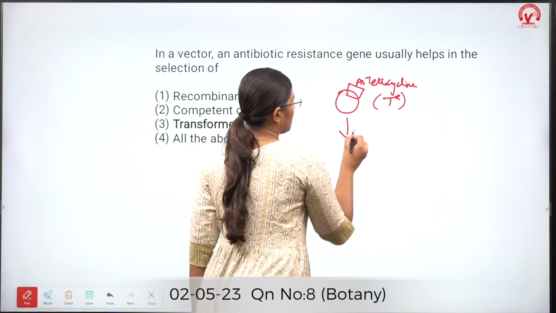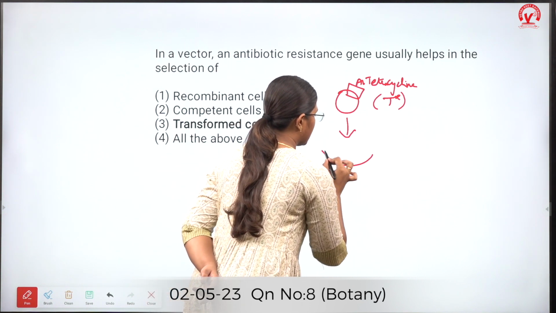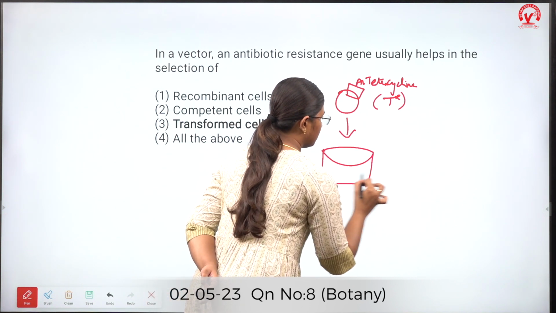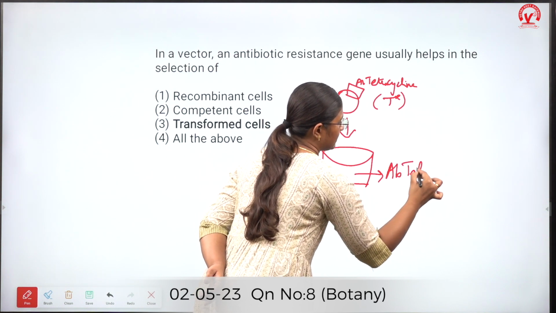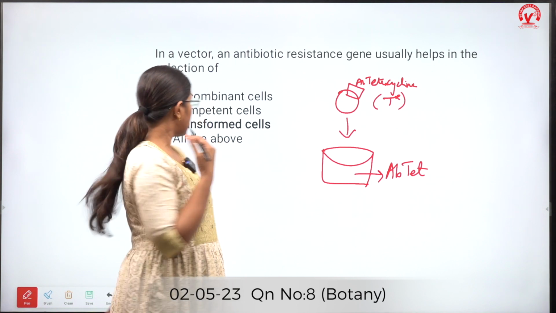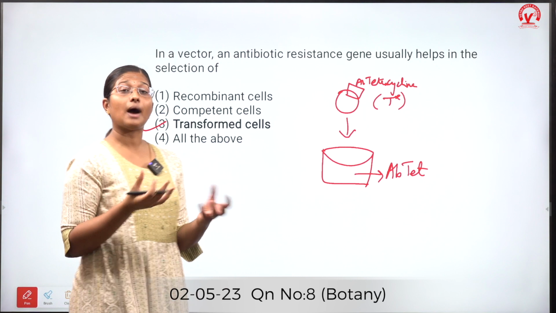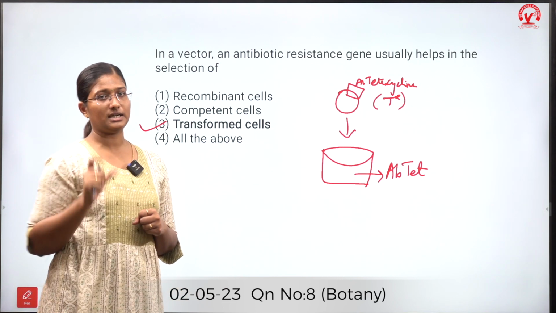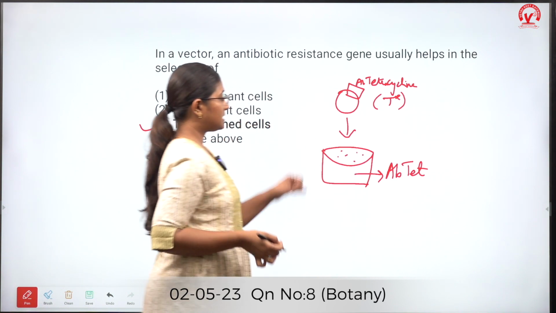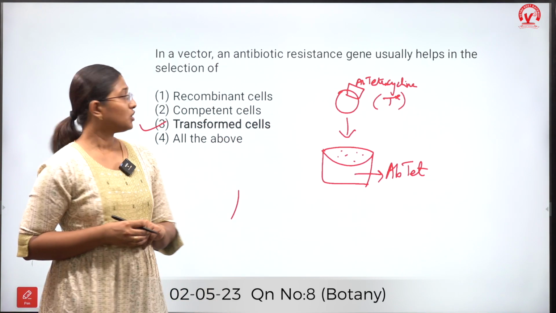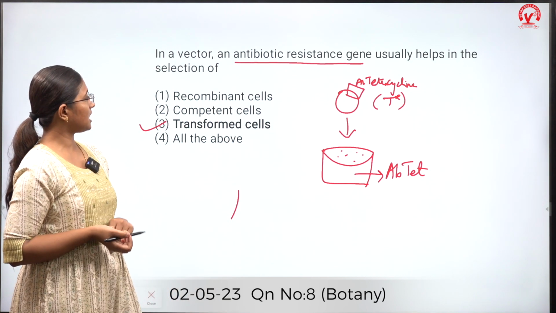After the transformation process, when you grow it in a medium containing the antibiotic tetracycline, all the transformed cells, that is all the cells which have taken up the recombinant DNA, will be able to grow in the tetracycline-containing medium. So the antibiotic resistance gene is helpful for screening transformed cells.